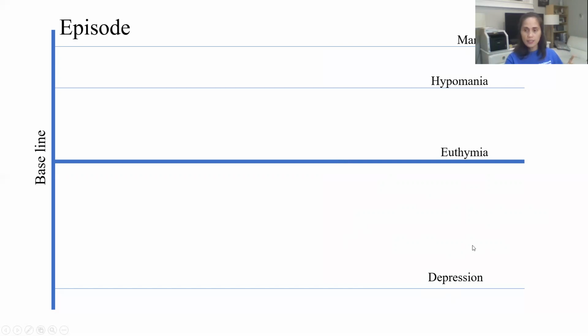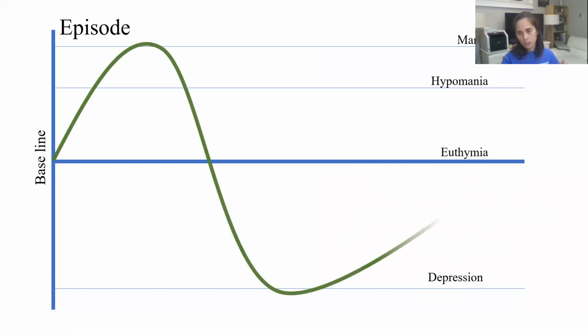Now, the first line in this graph is the episode of bipolar 1. From the baseline of euthymia it goes up, not only to hypomania but higher, to the mania. After that, it goes down to the bottom of depression and then back to euthymia, the normal mood.